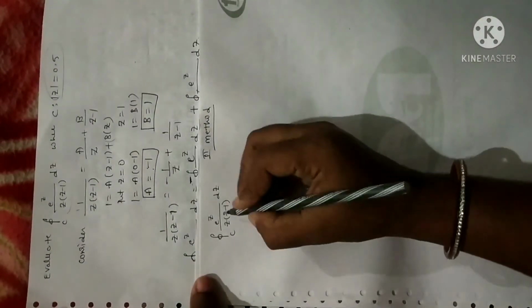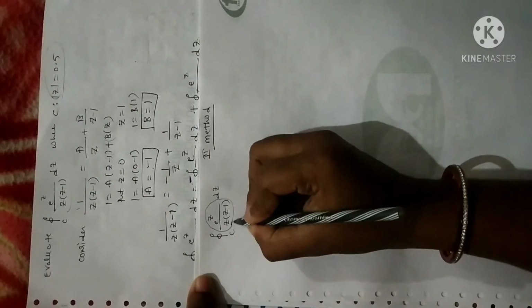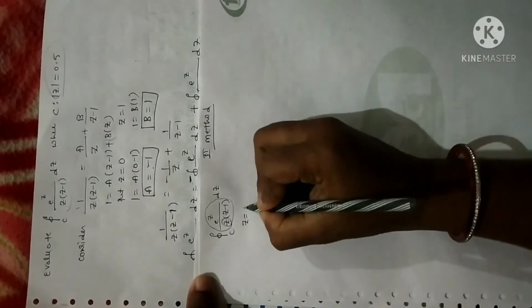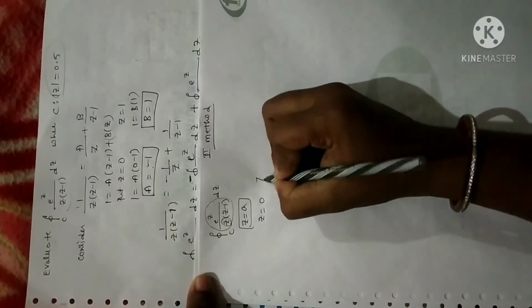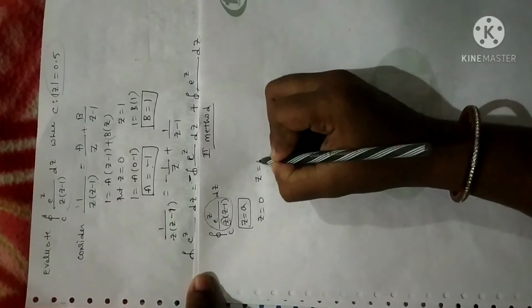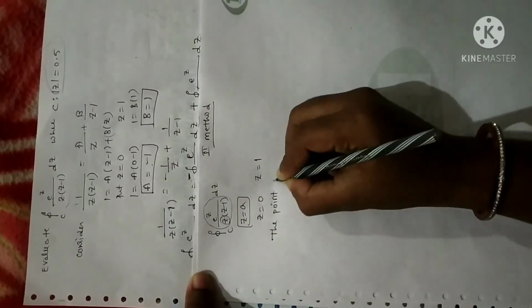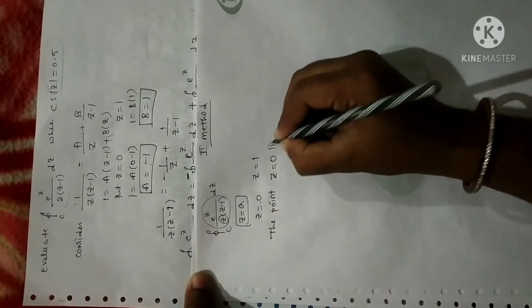So second method. Now you can compare the given function without splitting. In the first term, z is equal to 0. z is equal to a, right? Standard form. In the second term, the value is z is equal to 1. Next step, you have to write whether the point lies inside or outside. Now you can note that the point z is equal to 0 lies inside.